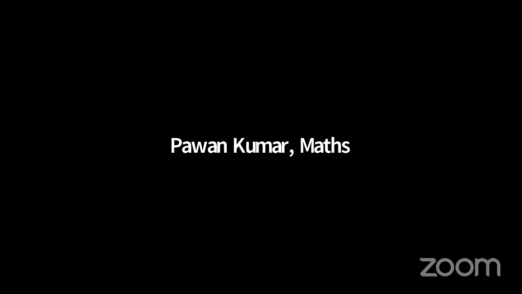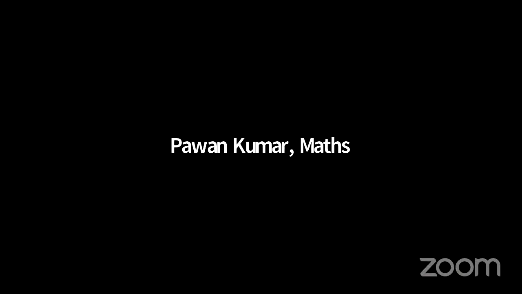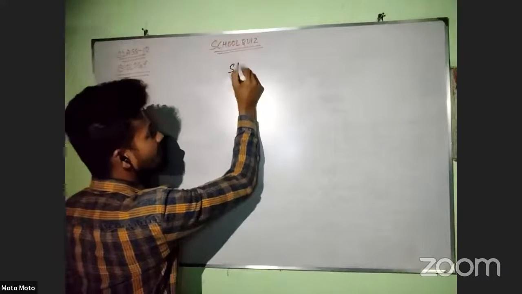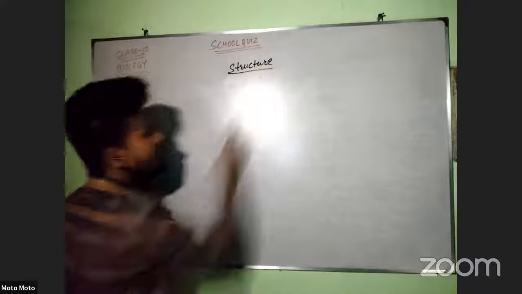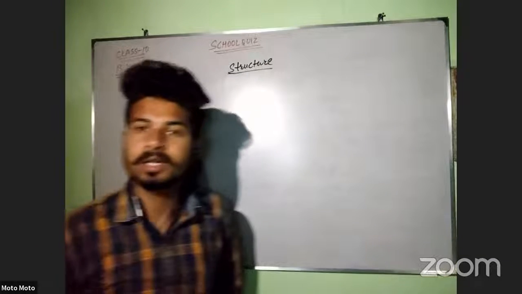As I can hear from you, you have no doubts regarding the previous topics. So I am proceeding ahead on the topic of human reproduction, and this will be the structure of the male reproductive system.